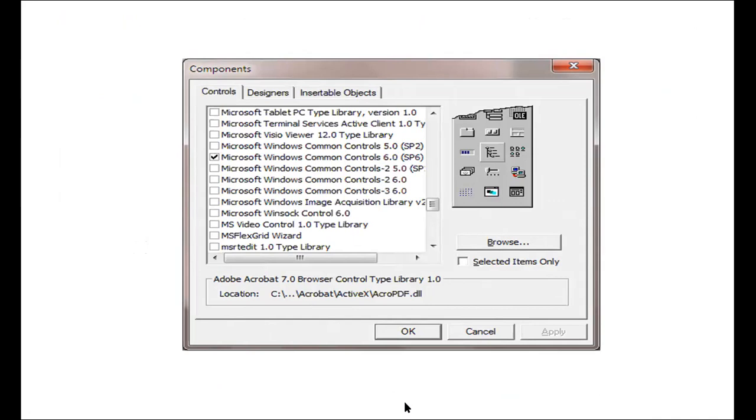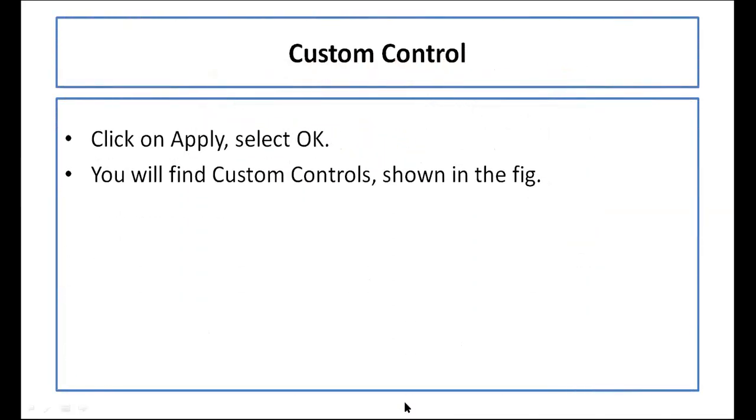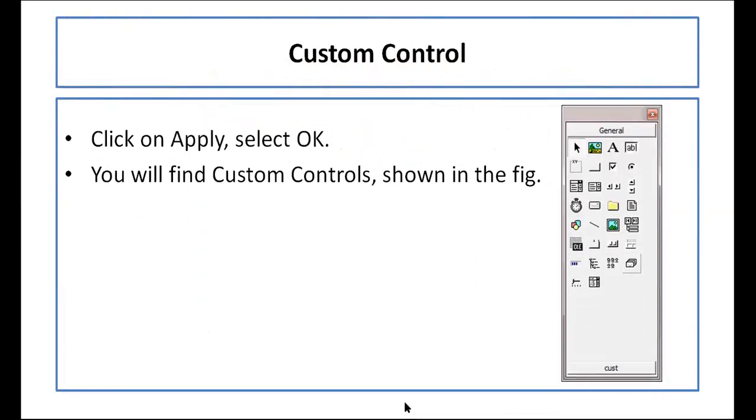To make it available inside the toolbox, we have to choose the component Microsoft Windows Common Control 6.0. As you can see in this picture, I have chosen this component. Then click on OK and you will get the toolbox with the various custom controls added. After the OLE control, the rest of the controls are known as extrinsic controls.